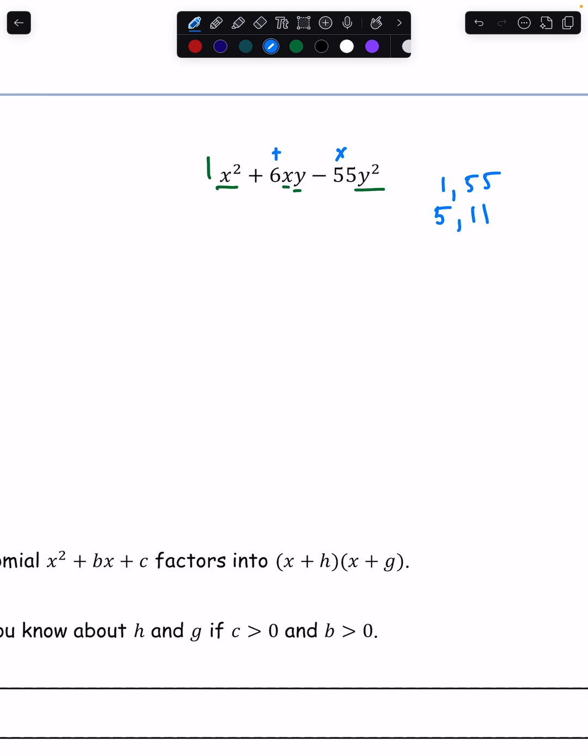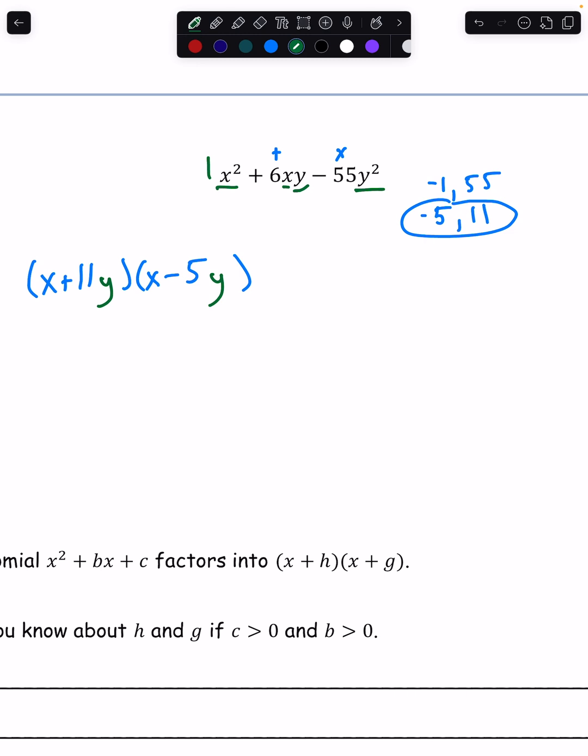And it's adding to a positive 6. That means the negative has to go on the smaller factor. And negative 5 and 11 add to 6. So what we would do for the shortcut method is that would be x plus 11 and x minus 5. But if you're wondering how those y's affect this problem, the y's just go on the 11 and the 5.